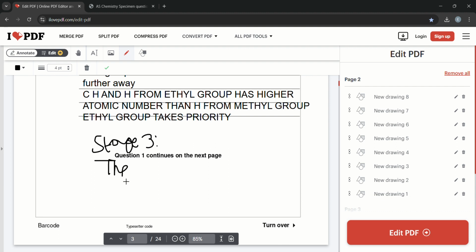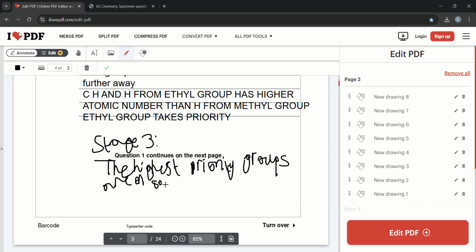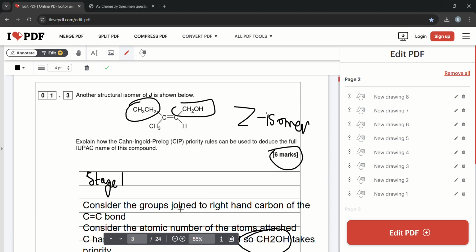So the highest priority groups are on the same side of the carbon-carbon bond. So the isomer is Z, and now for the full naming, the rest of the name.